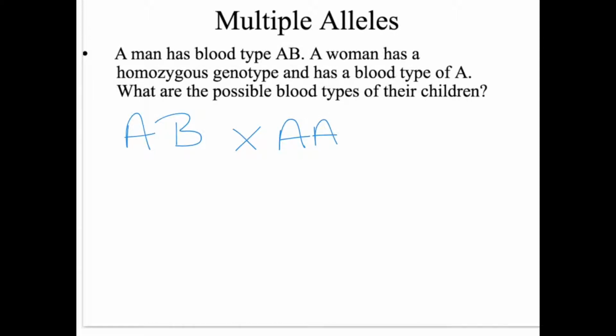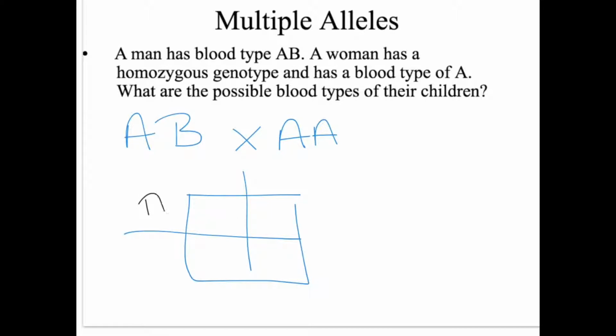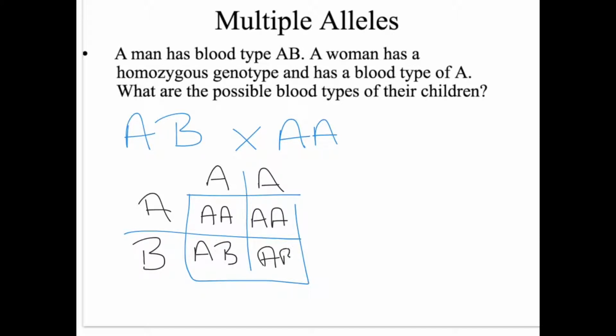Okay, so once we have our cross, we can put this into a Punnett square. So A, B for the man, A for the woman. And we fill in the Punnett square. Okay, and then we go back and answer the question asked.